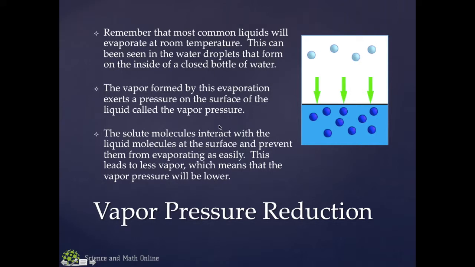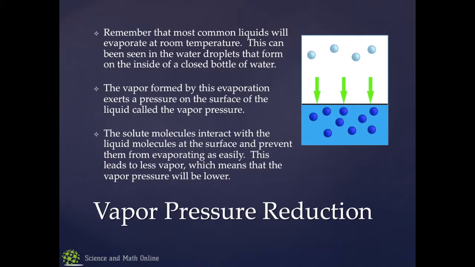When you dissolve something in it, it's going to get in the way here and make it harder for things to evaporate. So it prevents them from evaporating easily, which means you have less vapor, which means you have less vapor pressure. So this is the first colligative property. When I dissolve things in a solution, they're going to produce less vapor, which means they're going to decrease their vapor pressure.